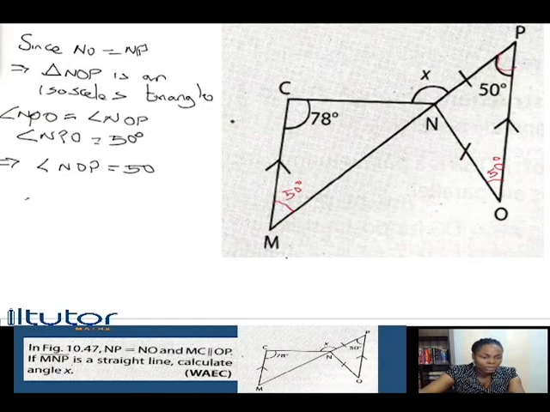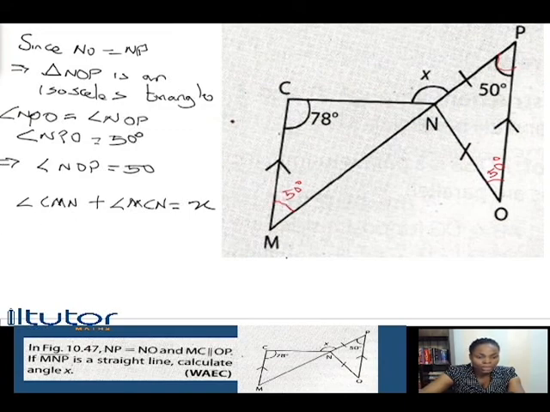So angle CMN plus angle MCN is equal to X. The reason is that the sum of two opposite interior angles of a triangle is equal to its exterior angle.